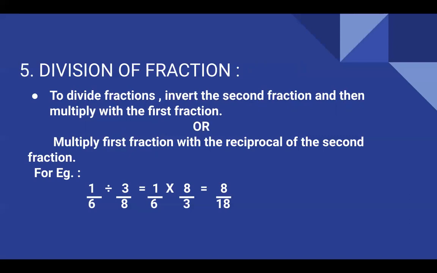So you will get 1 upon 6 multiplied by, as the division is converted into multiplication, 8 upon 3. And then you can apply the multiplication of fractions rule: multiply numerator with numerator and denominator with denominator. So when you multiply 1 into 8, you get 8, and 6 into 3, you get 18.